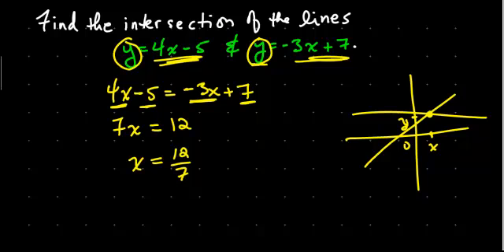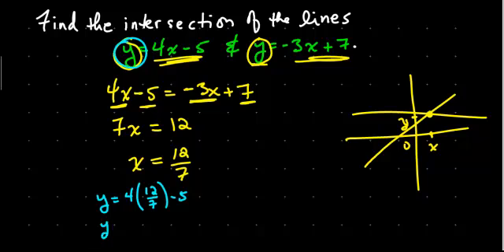Now I can plug that x coordinate into either one of these linear functions, and it will give me the y value. We'll plug it into both just to show that it doesn't matter which one you plug it into. So let's plug it into this one. y equals 4 times 12 sevenths minus 5. Let's just work it out.